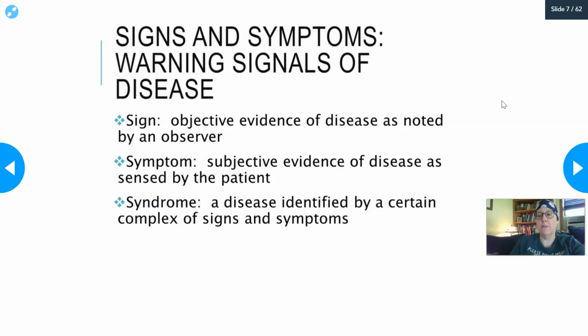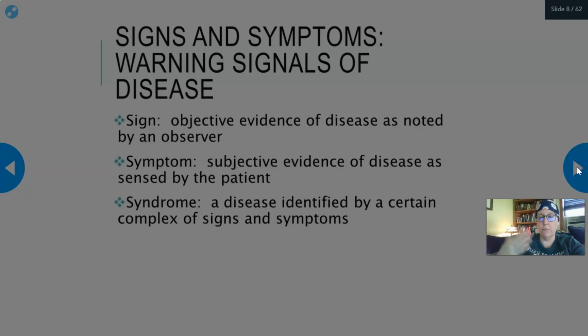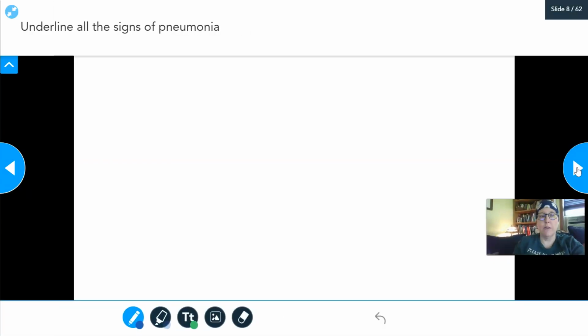If you said frequent urination with burning upon urination, and maybe even some fever, then maybe you think UTI, right? So those are syndromes. They're a cluster of signs and symptoms that indicate a certain disease.